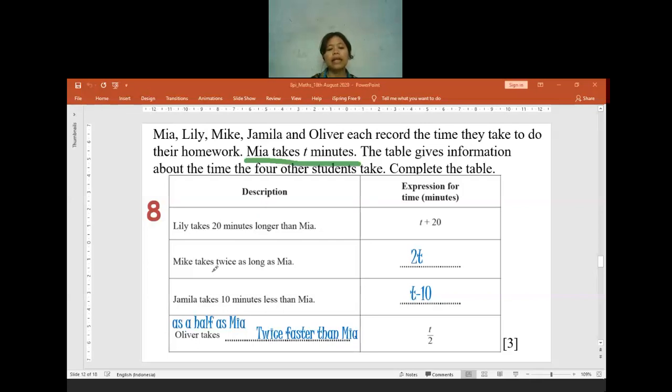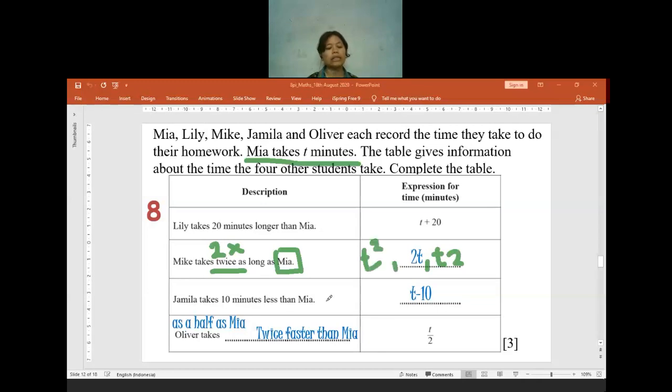For the second sentence, twice means 2 times. The time that Mia takes is T, so it means 2 times T, which equals 2T, or you can write it as T2. It's okay. But it's not okay if you write it as T to the power of 2.